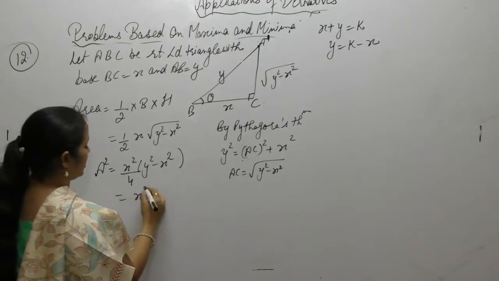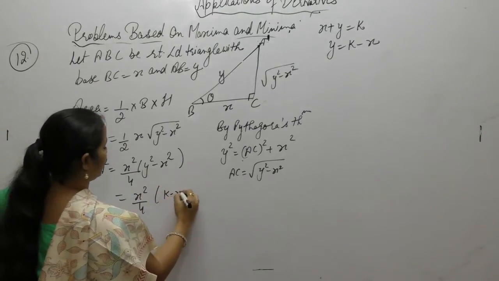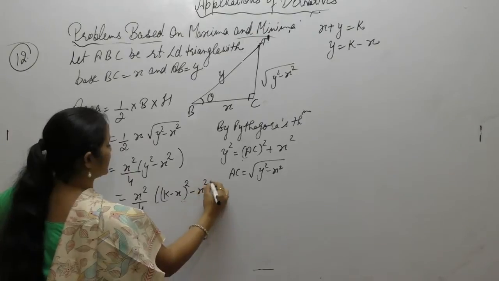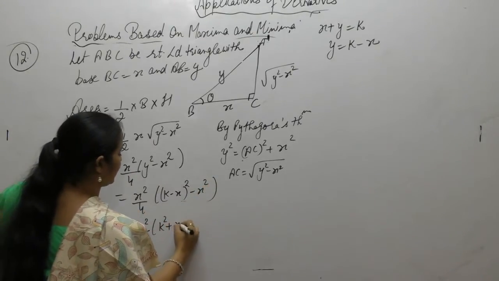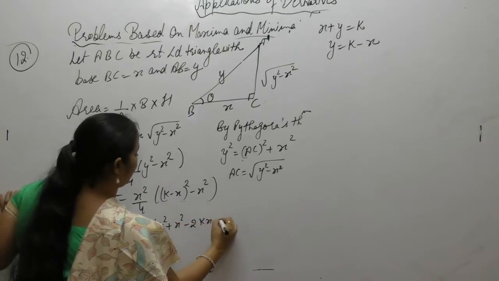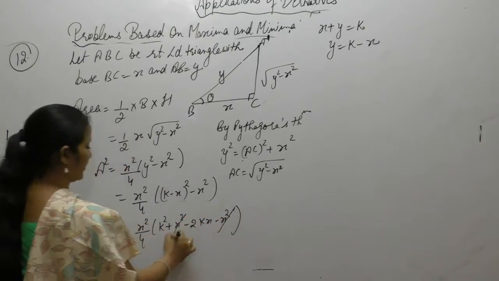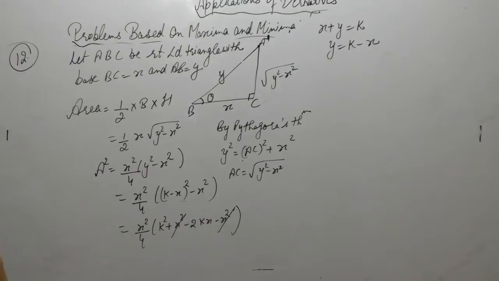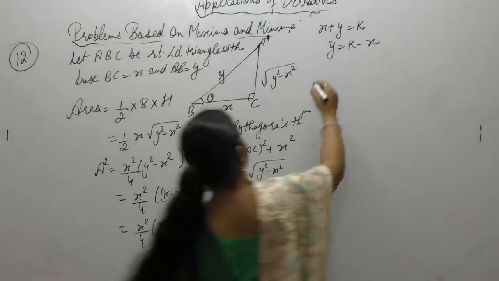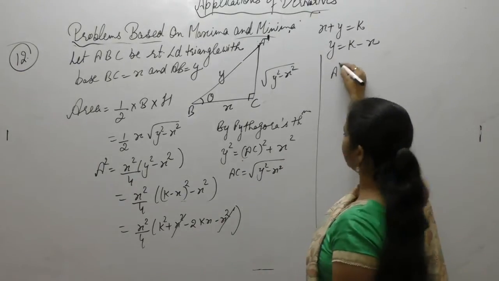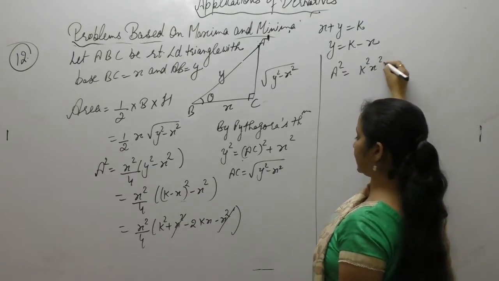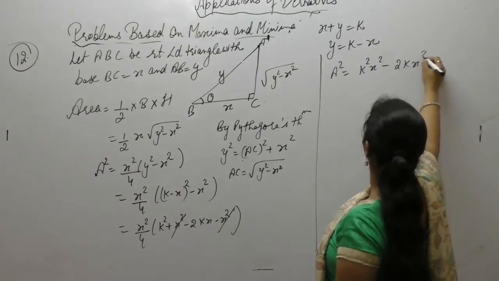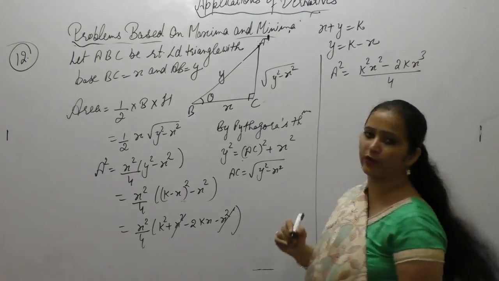So put the value of y here, k minus x whole square. Open the bracket: a square plus b square minus 2ab. X square will get cancelled here. So A square is equal to k square x square minus 2k x cube by 4.